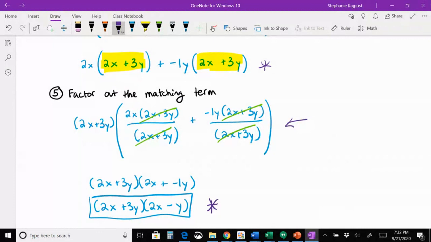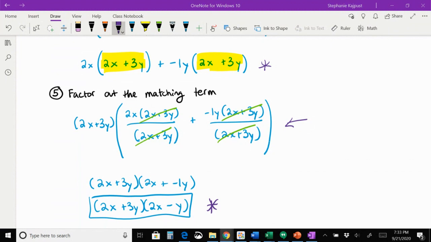So that's a pattern that shows up every time, so I usually don't even write that step with the arrow because I just notice the pattern and I know what it's going to look like. So that's factoring by grouping, and that's the process. That's the steps that you do every time when you're factoring by grouping, and you do it when you have 4 terms.